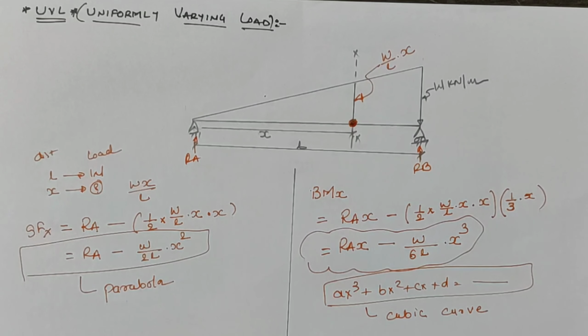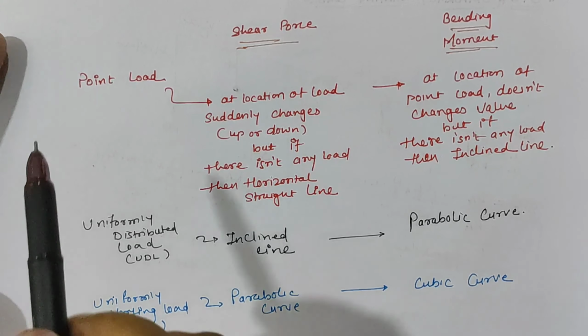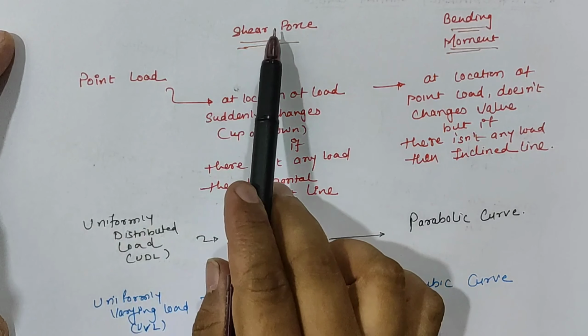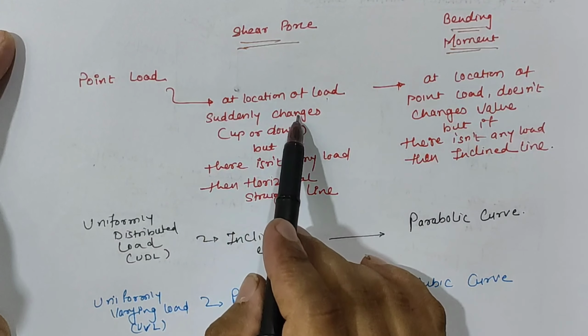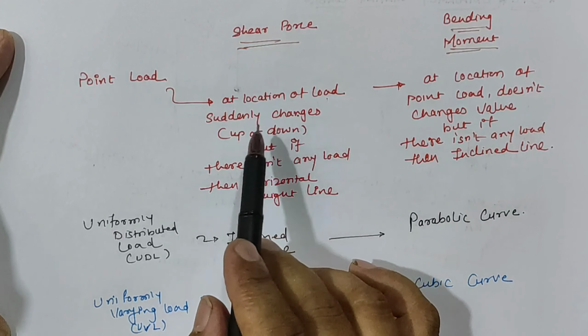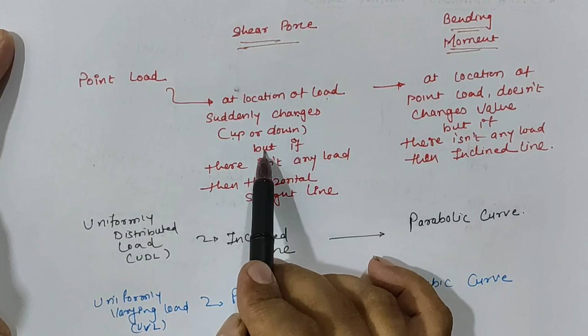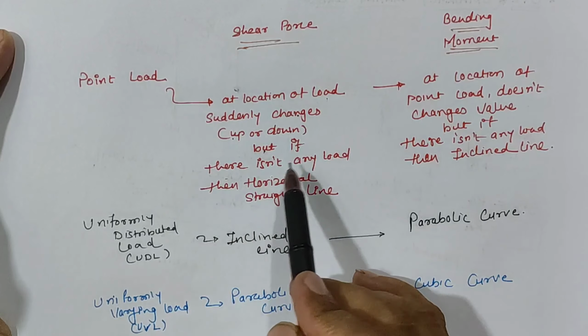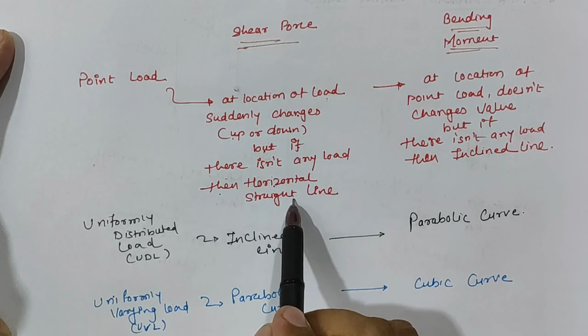So we can say the shear force diagram as well as the bending moment diagram for different types of loading are as follows. For the point load, the shear force diagram at the location of the load suddenly changes according to the application of the load in the upward or downward direction, but if there isn't any point load between 2 points, then it is a horizontal straight line.